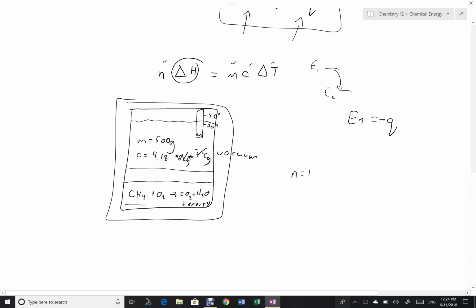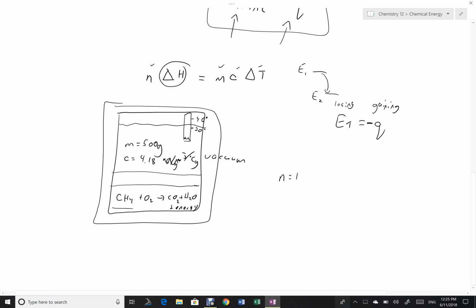So if these guys go down, this one goes up, or vice versa, because whatever this is losing, this is gaining. With that in hand, I could say n delta H is equal to m c delta T. I could take my delta T, my m, my c, and my n, insert them all into the equation, and all I'd be left to find is my delta H associated with my reaction.